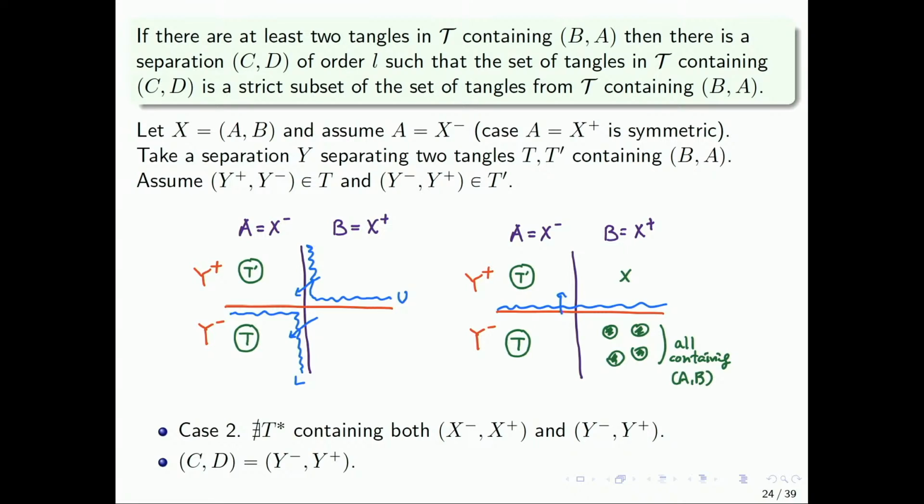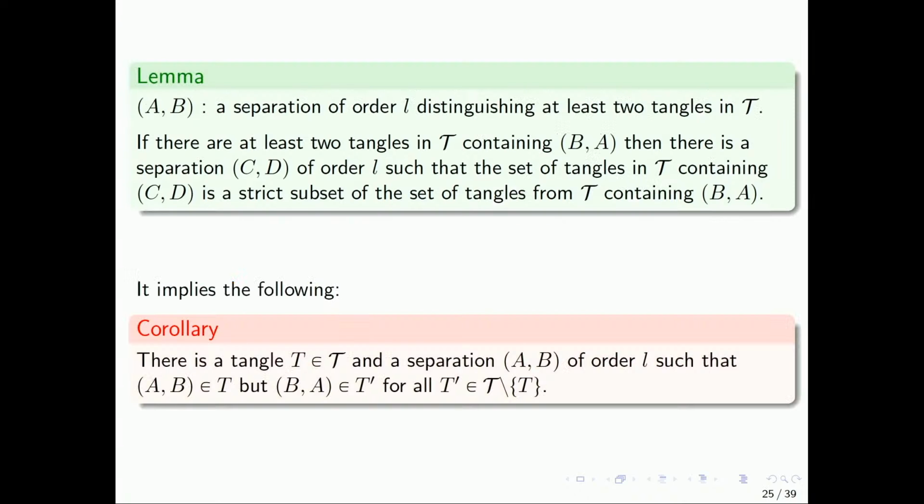Then we just simply take Y minus, Y plus, so that you exclude this T from the A part. So this is the proof of the lemma.